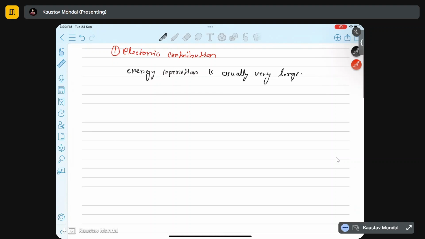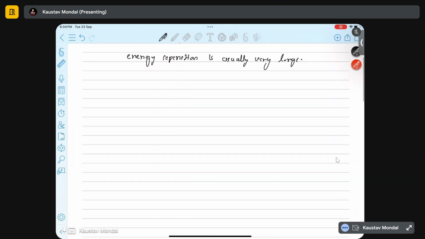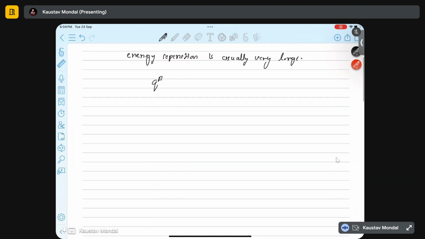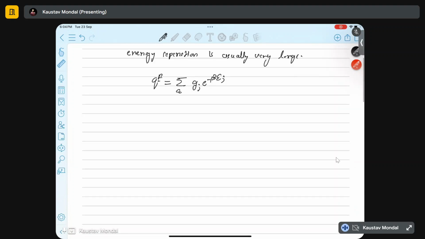So if you write the partition function for the electronic contribution, Q equals the summation over energy levels of g_j e to the power minus beta E_j. So the energies are so large.